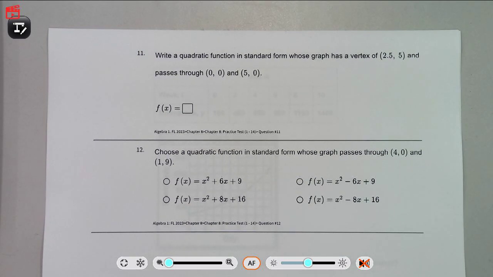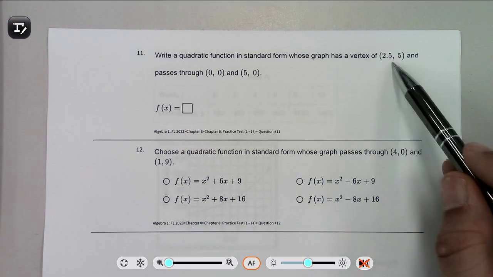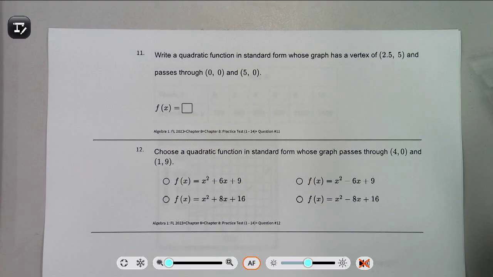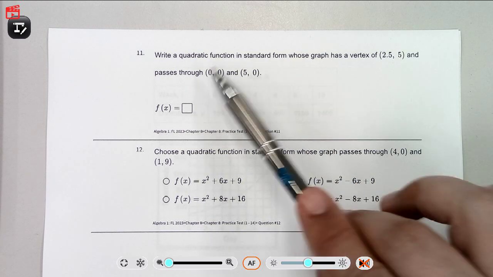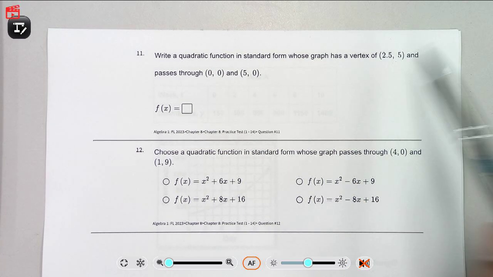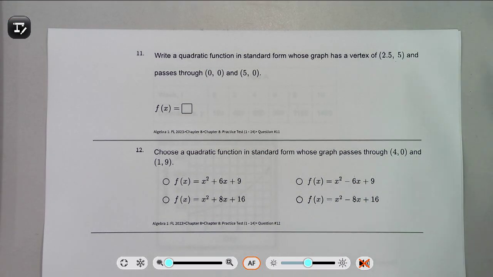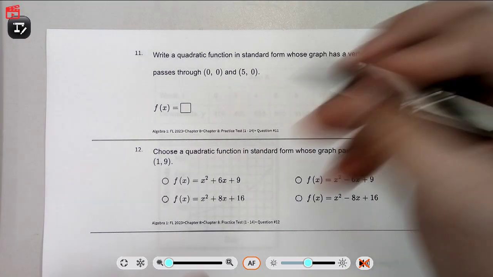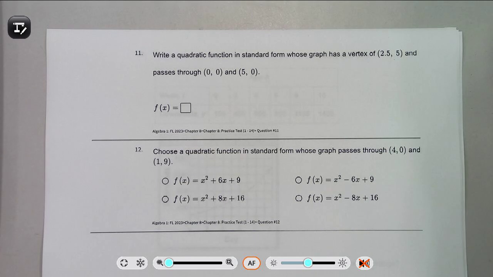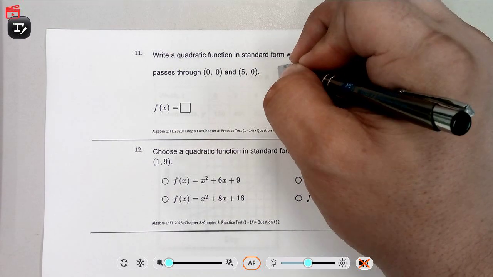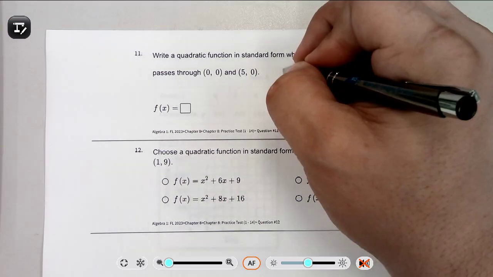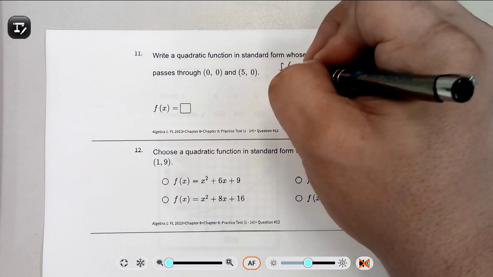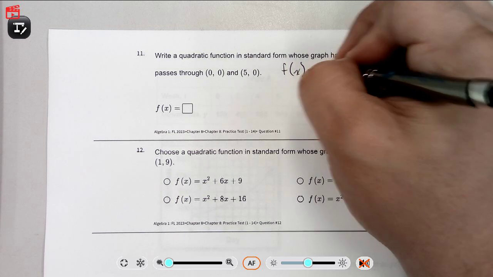Write a quadratic function in standard form whose graph has a vertex of and passes through. We could use either intercept form because we're given intercepts, or we could use vertex form because we are given a vertex. I'm going to use intercept form. It is perfectly fine to use vertex form for this, but I prefer the intercept form. So f of x equals a.